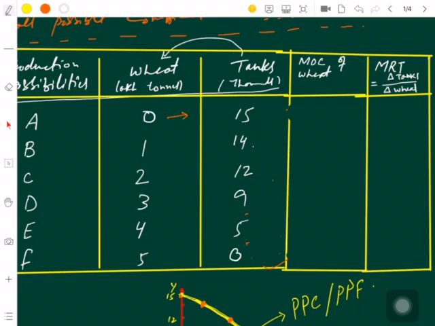Why did I take delta tanks and delta wheat? Because we are losing tanks, gaining wheat, sacrificing tanks, obtaining wheat. So the sacrifice thing is kept above.